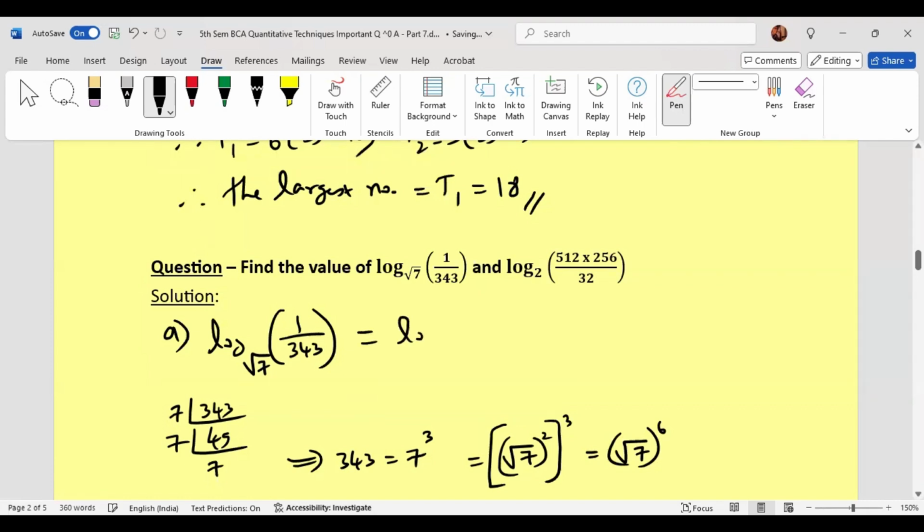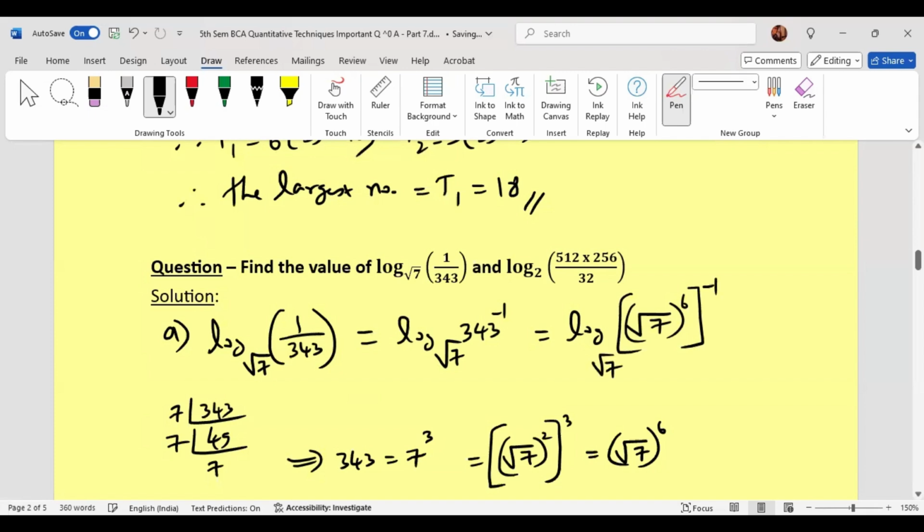This we will rewrite as logarithm of 343 to the power of minus 1, to the base root 7, where 343 is nothing but root 7 to the power of 6, and that also has a power of minus 1.